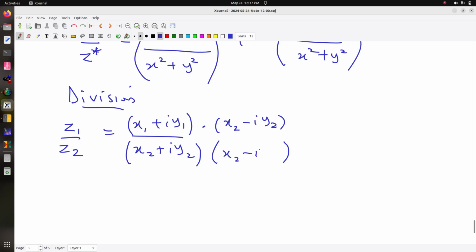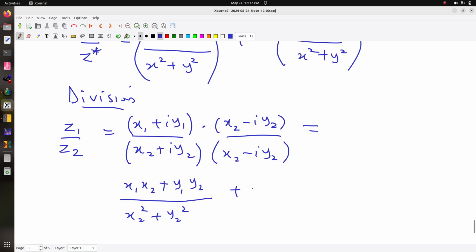If you do that, at the end of the day you obtain x1 x2 plus y1 y2 divided by x2 squared plus y2 squared, plus i times x2 y1 minus x1 y2 divided by the same value, x2 squared plus y2 squared.